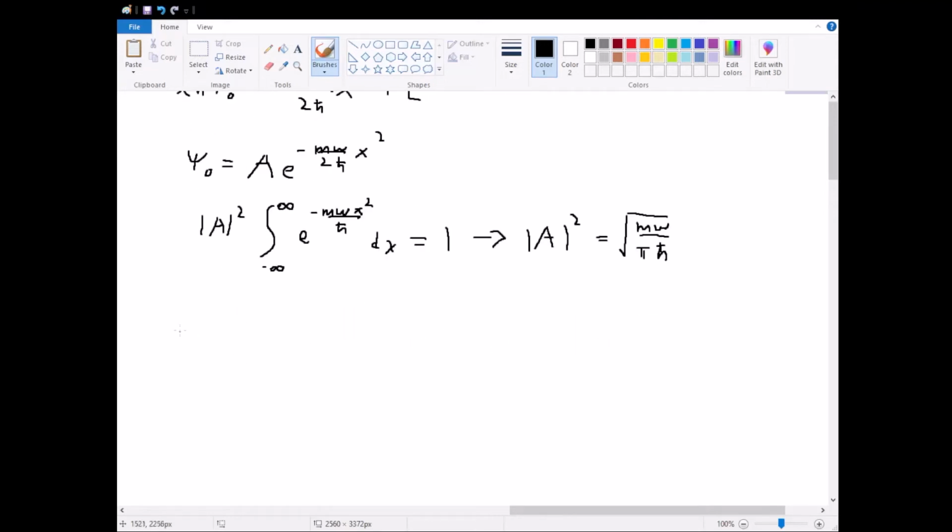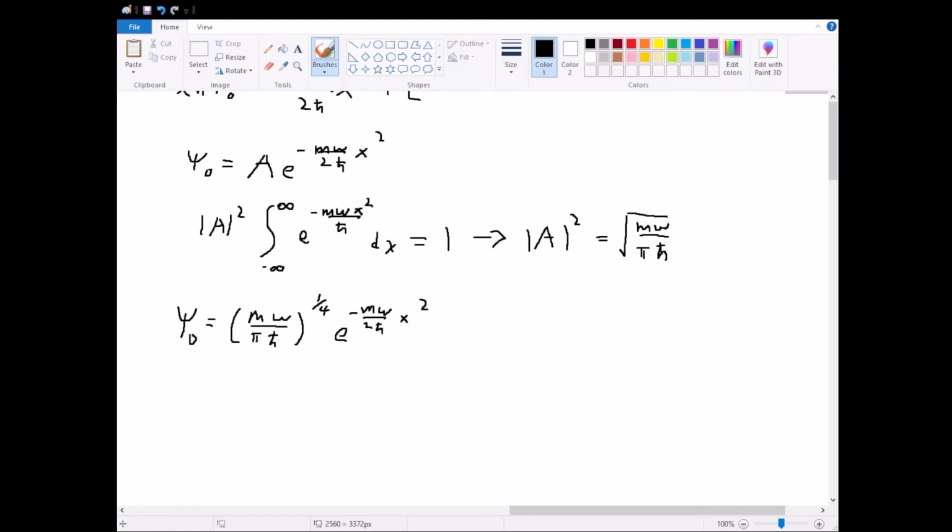But in that case, psi naught, plugging a back in, is going to equal m omega over pi h bar, this time to the 1/4 instead of to the 1/2, times the exponential e to the negative m omega over 2 h bar times x squared.